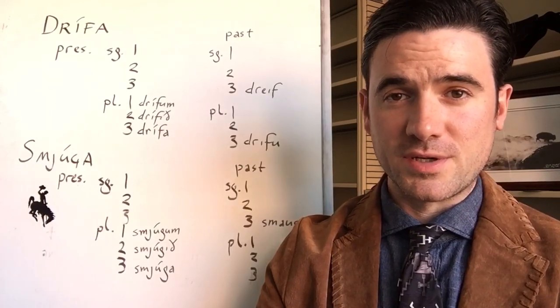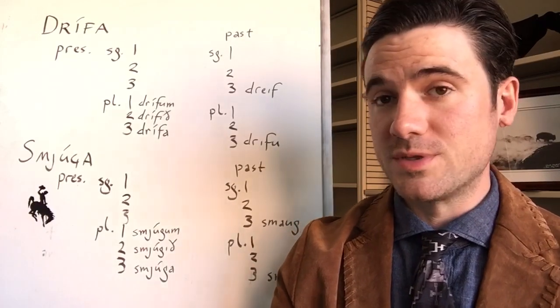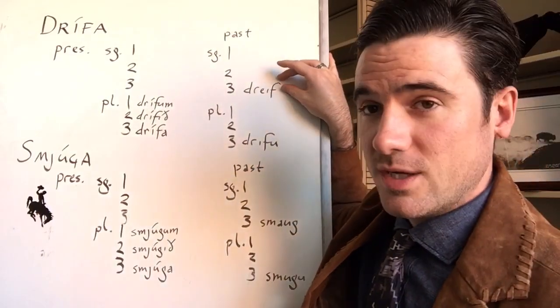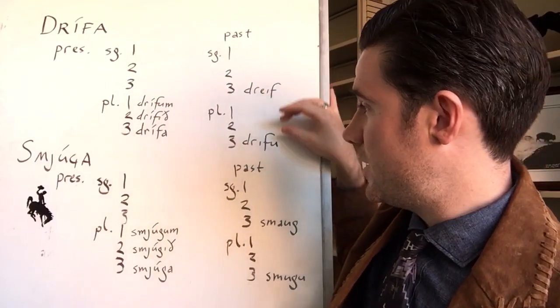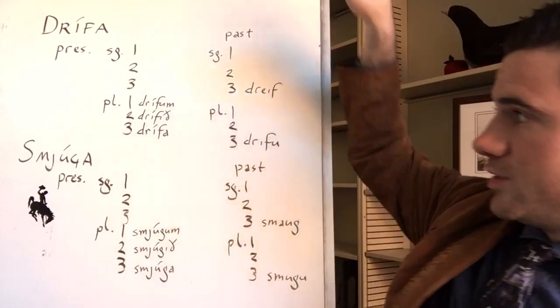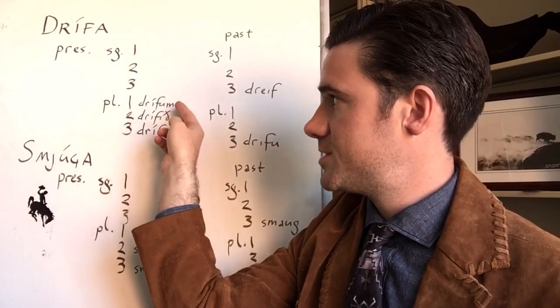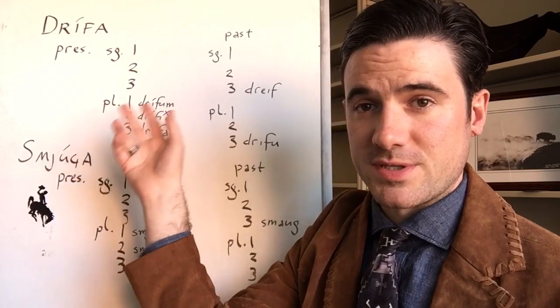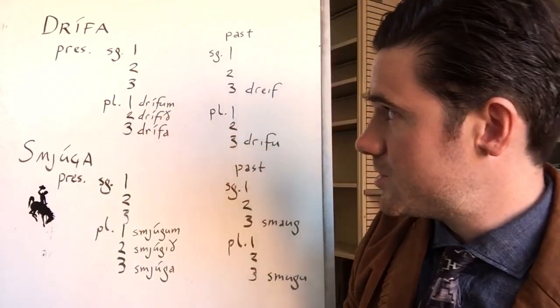So after looking at that chart, let's say you've never seen drífa before, but you know it's a class 1. So you know that its past third singular is dréf, its past third plural is drifu. You also know that all verbs have just the root plus ið, a in the present plural, so that's sort of free. It's a strong verb.